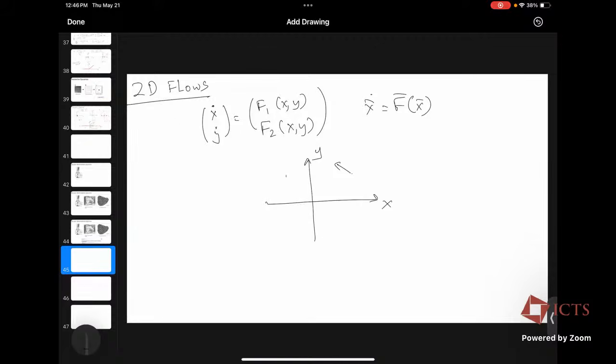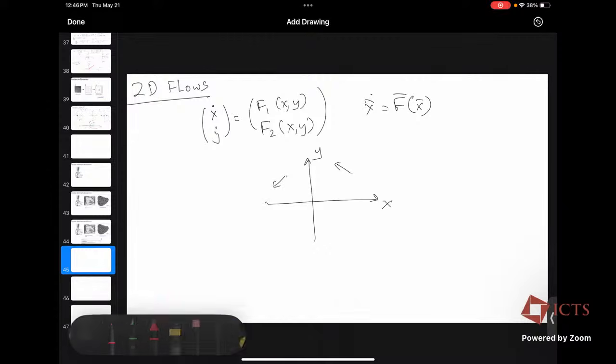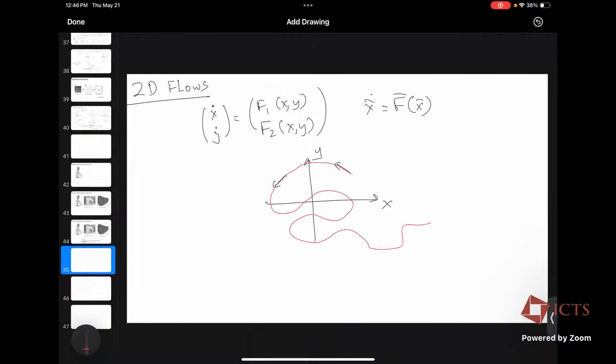This is the vector that tells me how things flow, which basically means that I can draw trajectories. So any given point will undergo some sort of trajectory based on what the dynamics look like. At any point over here, f of x is just going to be tangent to this trajectory of whatever this dynamical system is doing. Right.